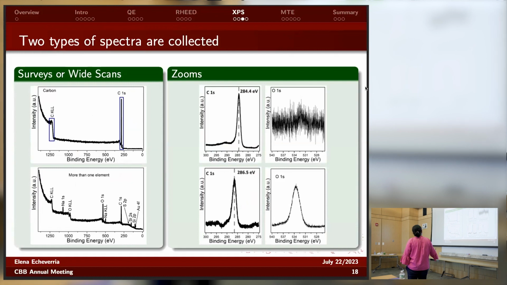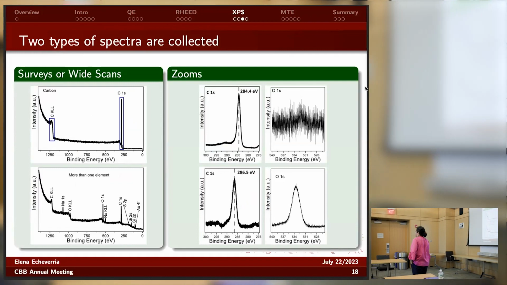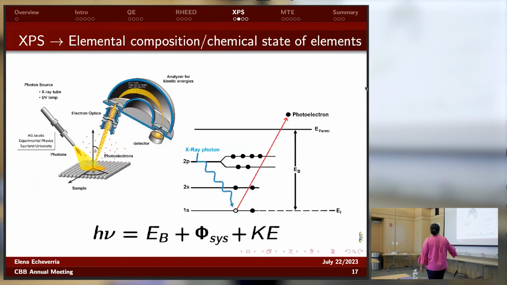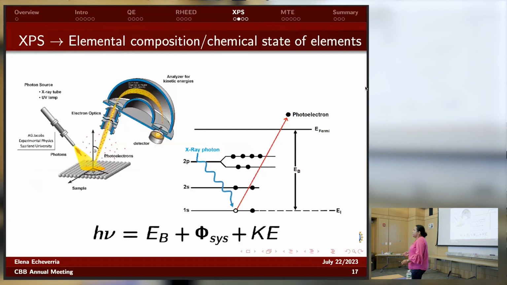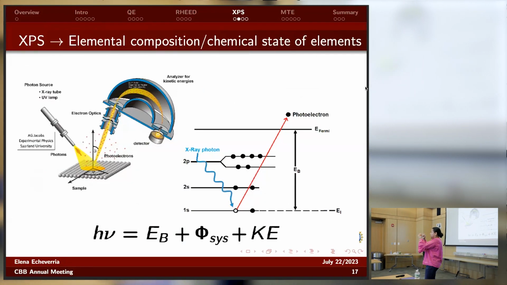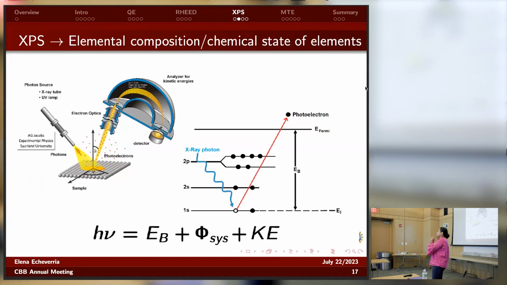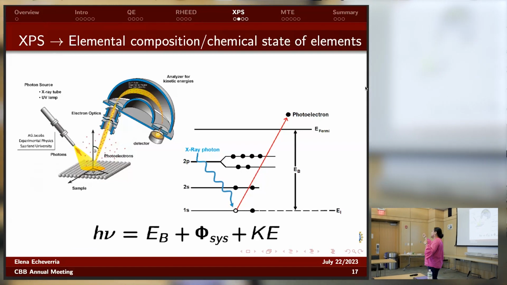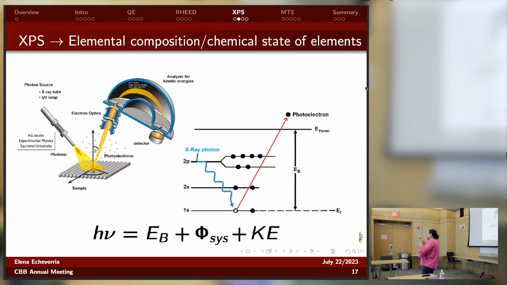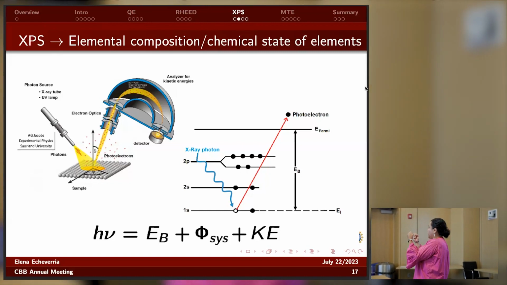So your question is why we have the shift in the binding energy? Well, if you think about, again, this energy level, if you have an atom that is bonded carbon to carbon, that binding energy will be different. To break that bond, you have to break the bond between the electron and the nucleus on a carbon-carbon bond.